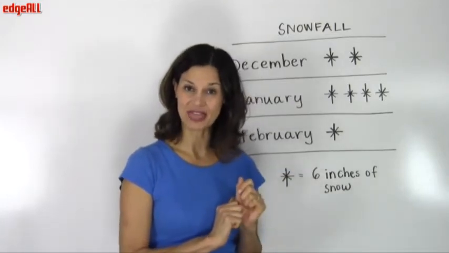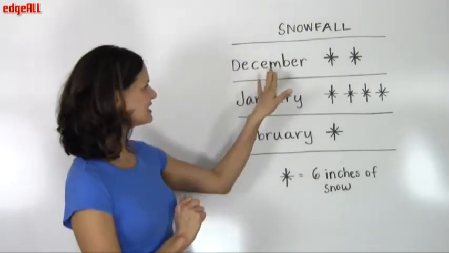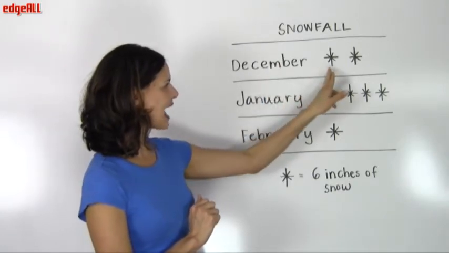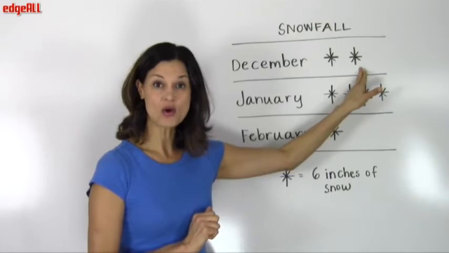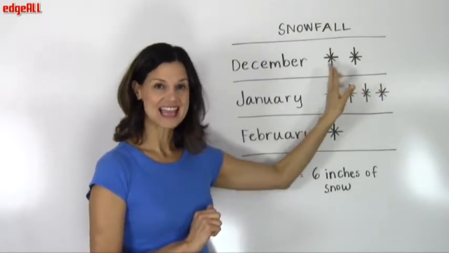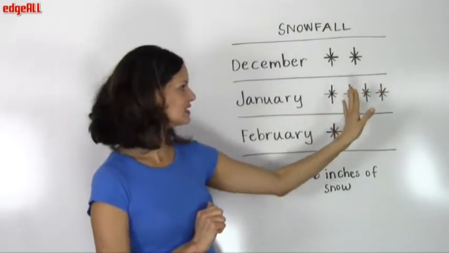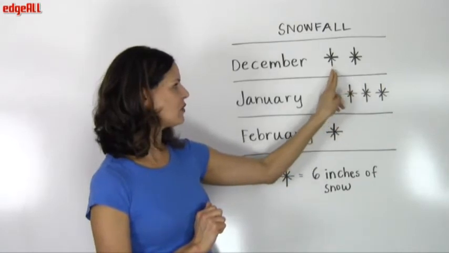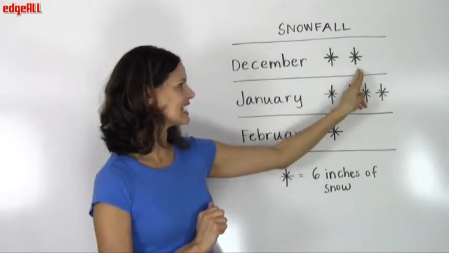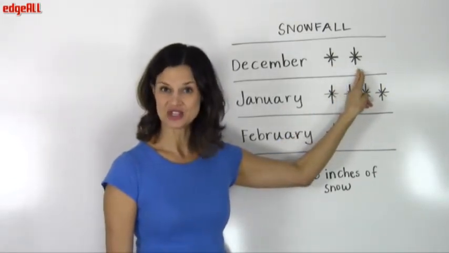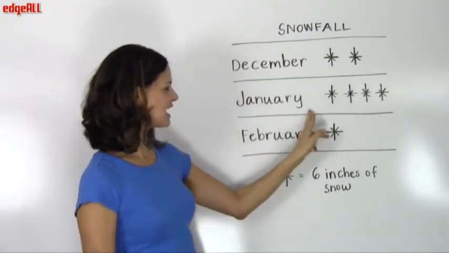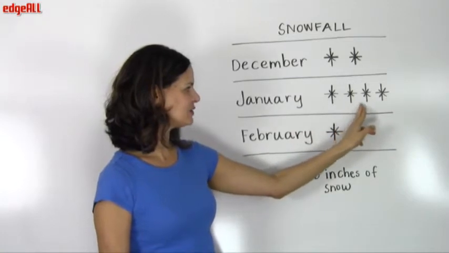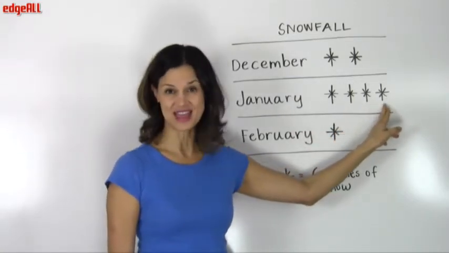Using a snowflake to represent these 6 inches of snow, we can graph snowfall using a certain number of snowflakes for each month. So, as you can see, in December, we have 2 snowflakes. And since we know that each snowflake is equal to 6 inches of snowfall, we would know that we have 6 plus 6, or 12 inches of snowfall for December. In January, we have 1, 2, 3, 4 snowflakes.